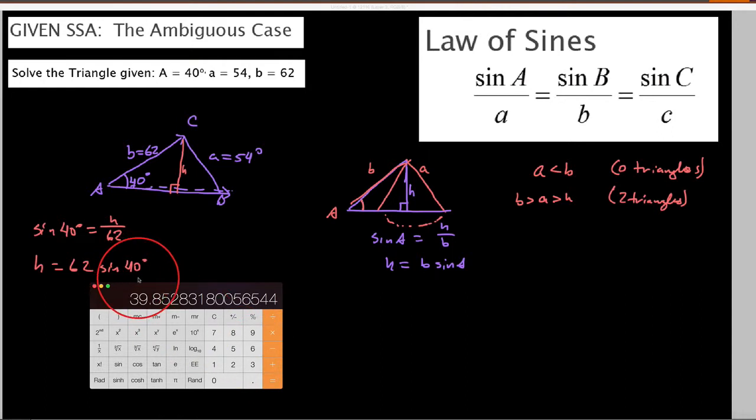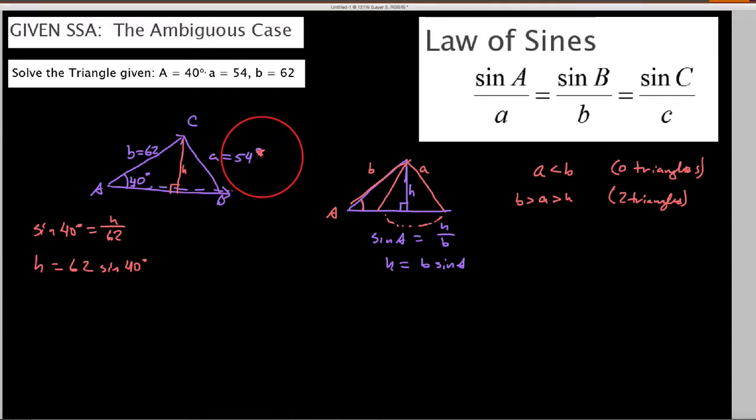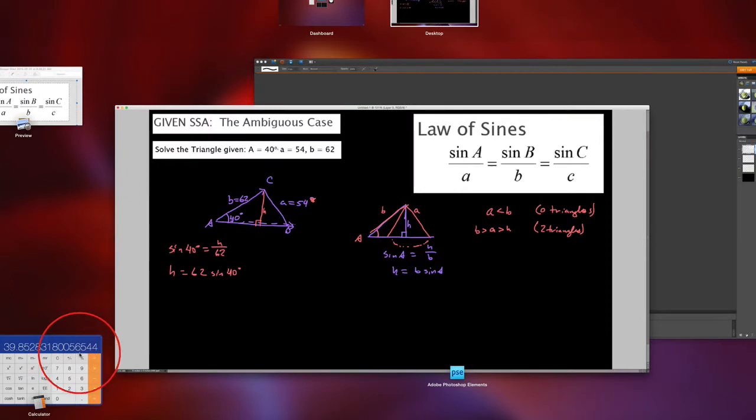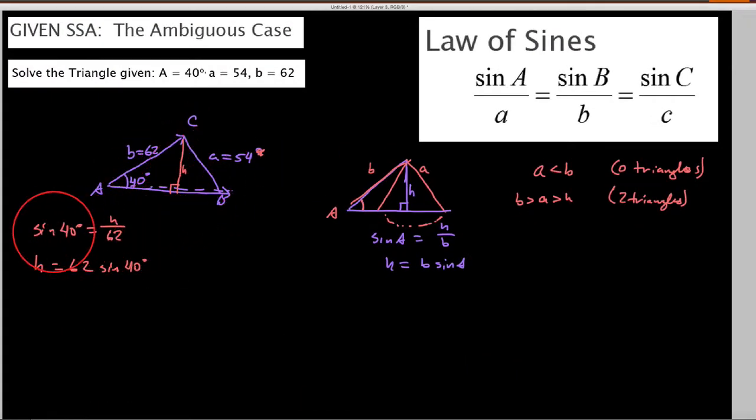You'll notice that this side opposite here, this 54, is shorter than b, just like in that first situation where we had no triangles, except it is also longer than h. 54 is longer than this height value here, so I would have 2 triangles in this case.